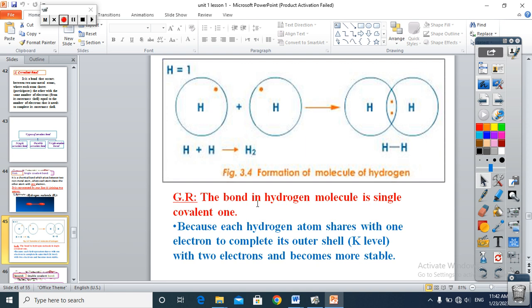Give reason: when hydrogen and hydrogen combine with each other, each atom of them shares one electron to form a single covalent bond because they are two nonmetals. So the bond in hydrogen molecule is single covalent because each hydrogen atom shares one electron to complete its outer shell, K level, with two electrons and becomes more stable.